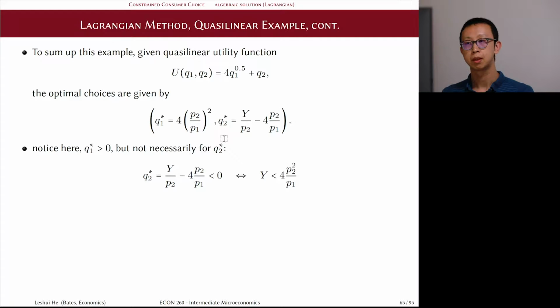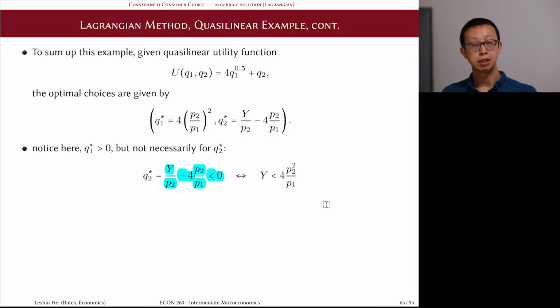Let's check that. If Q2 star is negative, and we know that Q2 star is taking this particular expression, then we can rewrite this inequality slightly by isolating y to the left-hand side of the inequality and moving this term of 4 times P2 over P1 to the right-hand side of this inequality, and then by multiplying both sides by P2, which is a positive quantity, the sign of the inequality does not change, and we're left with y on the left-hand side and the right-hand side by 4 times P2 squared now over P1, because we're multiplying P2 on the right-hand side too.